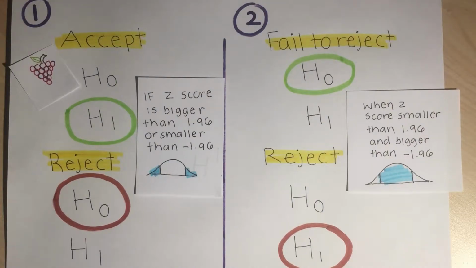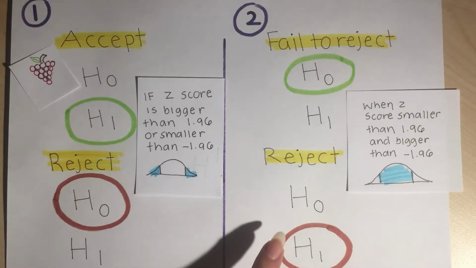So what does it mean when you accept, reject, or fail to reject the null and/or the alternative hypothesis? In the first scenario, it means that you found significant evidence that the berry made by the scientist has a difference and increased the memory of the subjects.